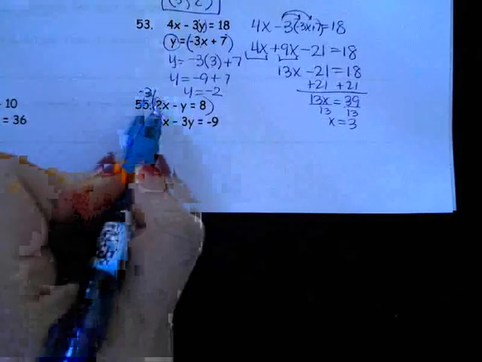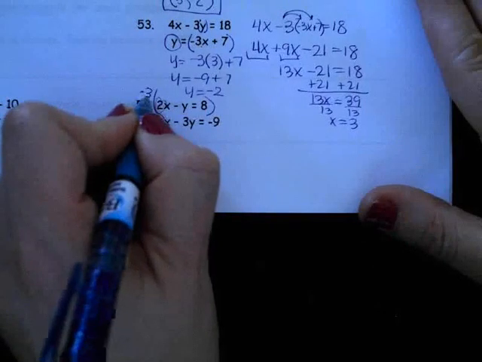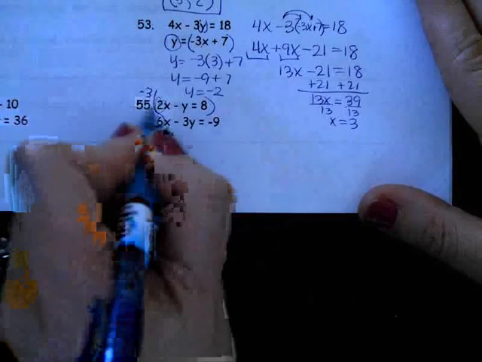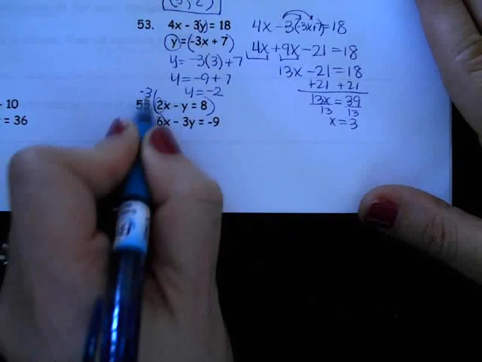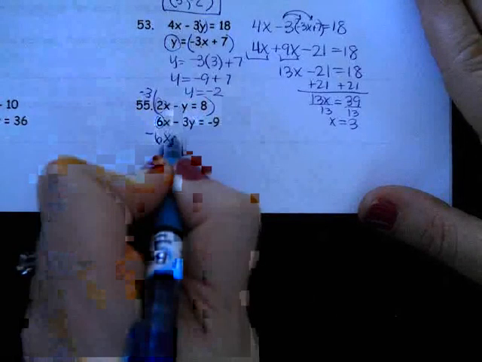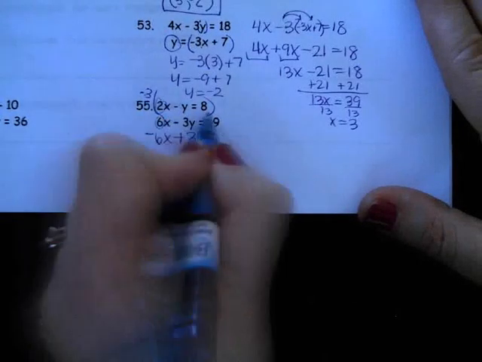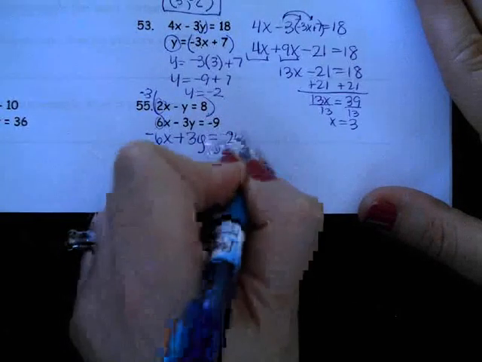So I need to multiply that top equation by a negative 3 to give me a negative 6. But remember, whatever you multiply by, you need to distribute it all the way across. So if I'm going to rewrite this top equation, negative 3 times 2x is negative 6x. Negative 3 times negative y is a positive 3y equals a negative 3 times 8, which is negative 24.